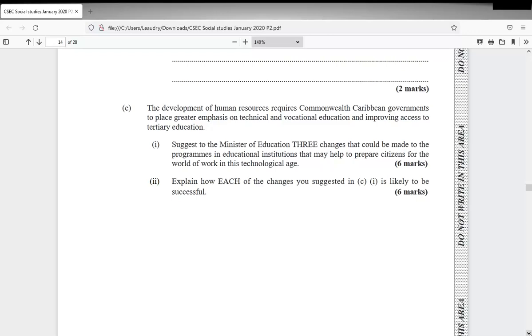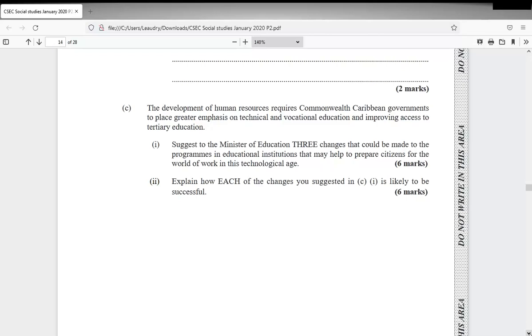You get a lot of information, but when it comes to hands-on training or more of a practical approach as it relates to the world of work, then that is lacking. So the Minister of Education could ensure that these institutions provide more practical training, so as to help prepare them, so that they can fit into the workplace. They are not lost when they enter the world of work. They know what to expect on the job.